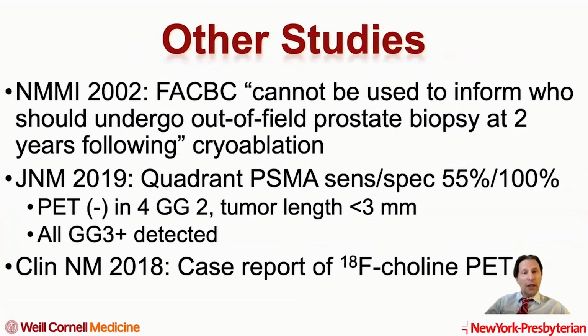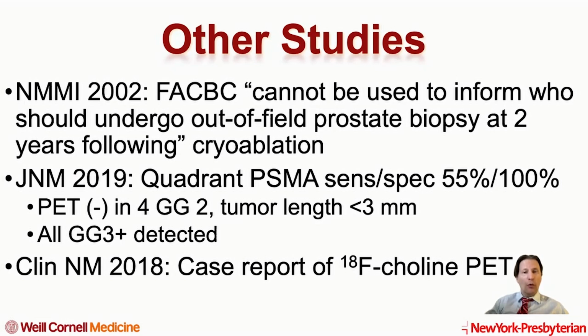There are a few other studies of note, one looking at fluciclovine, but this was found to be not useful for informing who should undergo biopsy at 2 years after cryoablation. One looking at PSMA on a quadrant basis. This also showed excellent specificity with relatively lower sensitivity, and all grade group 3 and above was detected, and only some cases of small volume grade group 2 were missed.